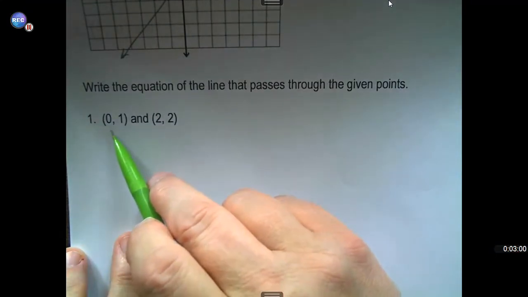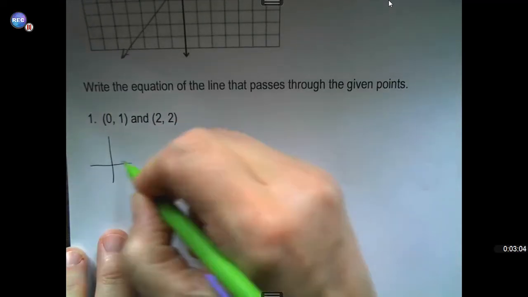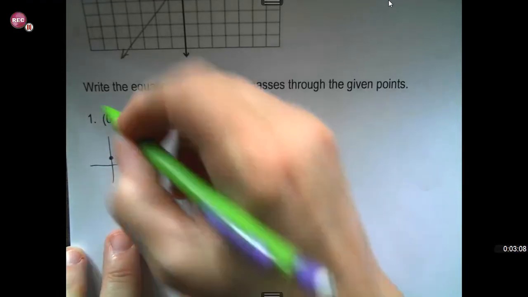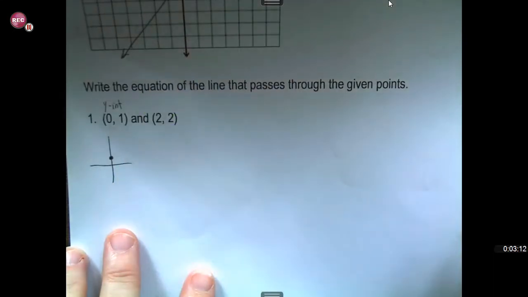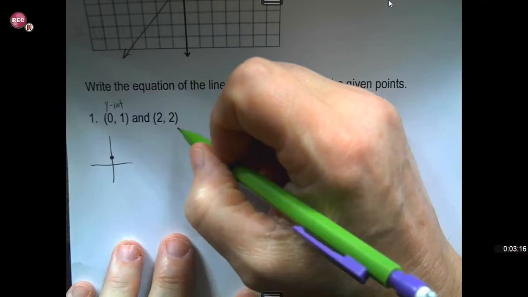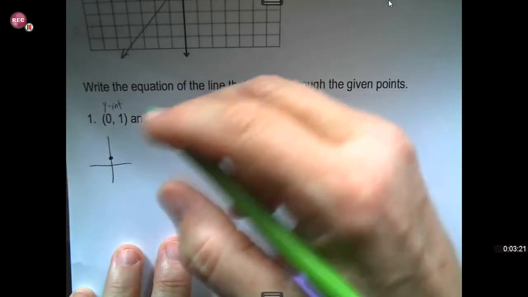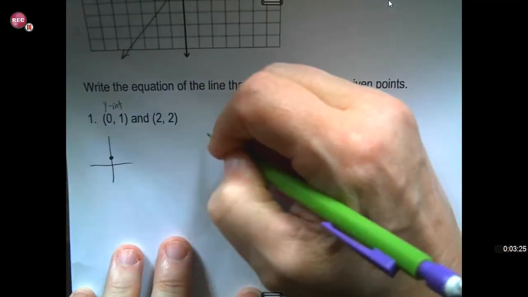It's special because it's the point (0, 1), and the point (0, 1) is right here. So they gave us the y-intercept, which was very kind of them. We use the points to find the slope.